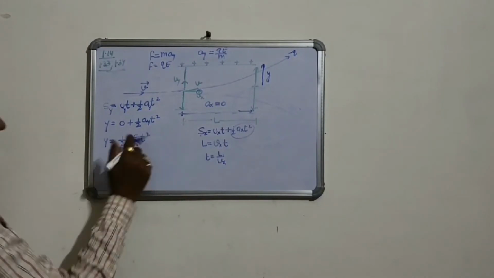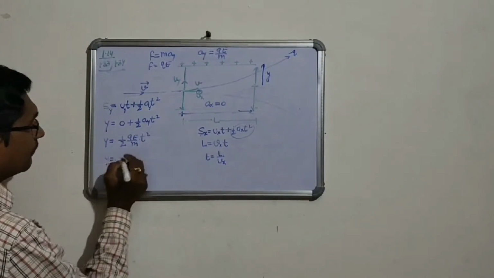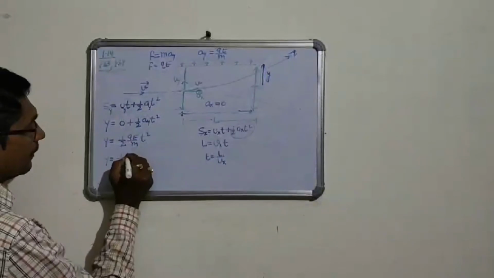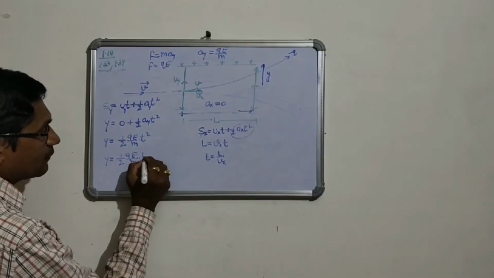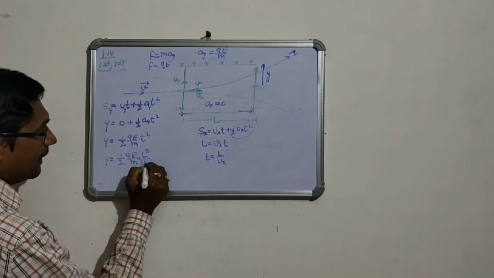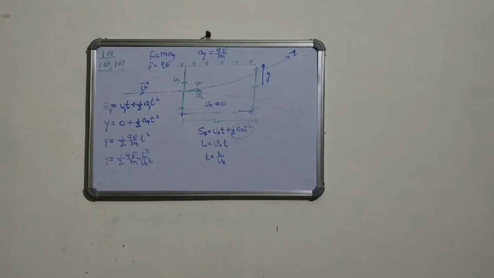Now we can put the value of t here. So y equals half QE upon M, and t square equals L square by Vx square. Okay. Clear then?